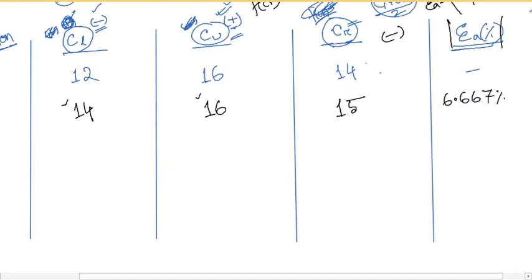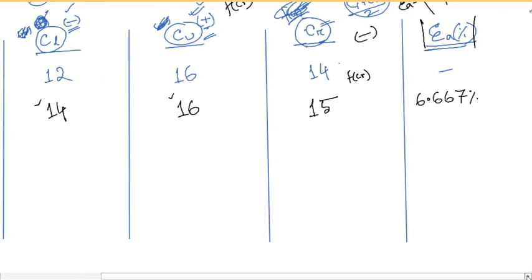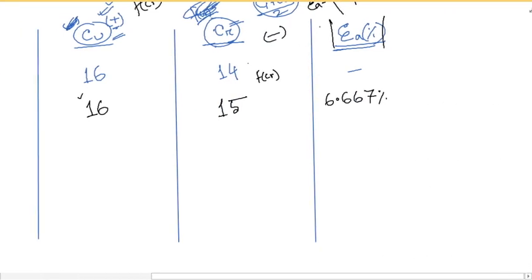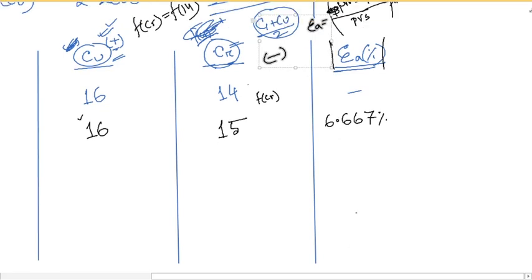Now we'll be again determining F(CR). So we can use another column, which I forgot to show. You will be showing it in your case. So I'm just removing these things for the time being.